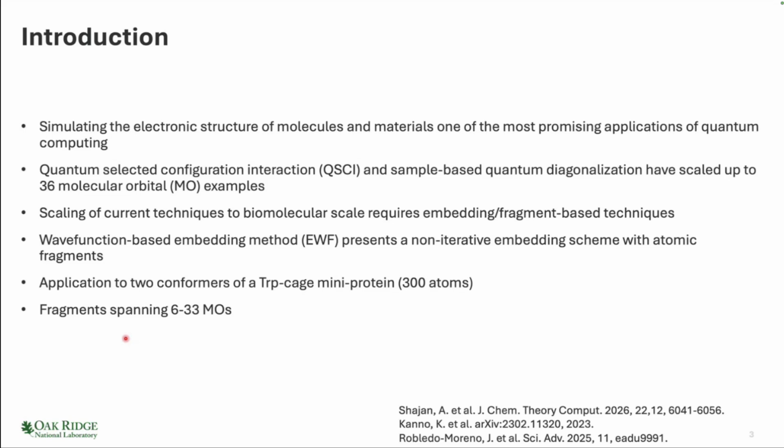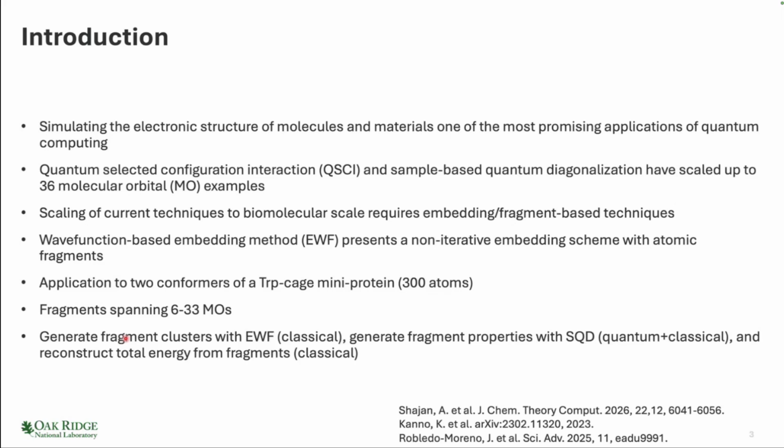So you can think of these as roughly 12 to 66 qubit problems. There will be a few extra in this case due to the mapping of the hardware, but that should give you a rough idea of the problem sizes being dealt with here.